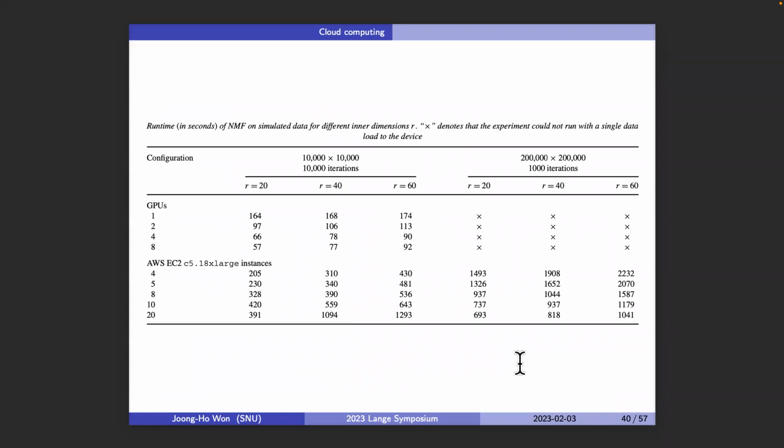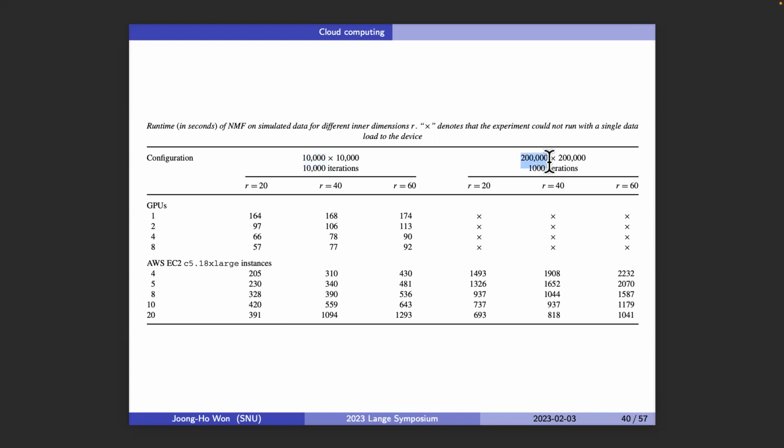And using the DistMat library, we were able to do the computation of non-negative matrix factorization of size, say, 10,000 by 10,000, using both GPUs and a virtual cluster on Amazon. And for GPUs, we can use a single GPU and multiple GPUs. And for the cluster, we can just increase the number of nodes.